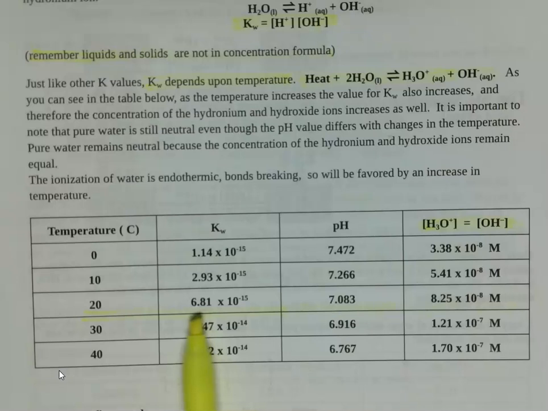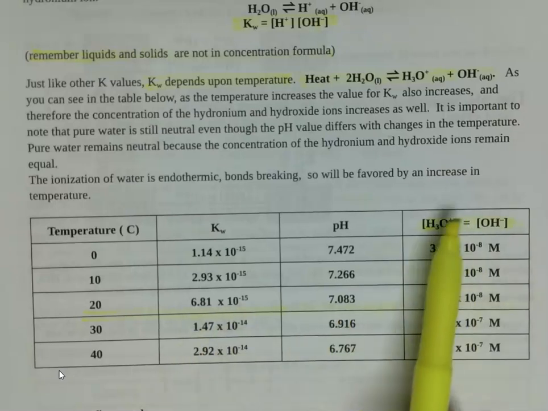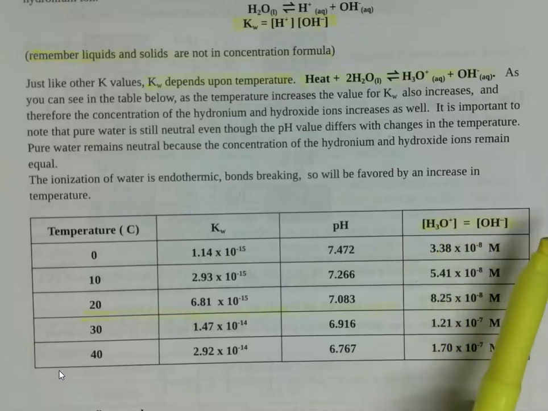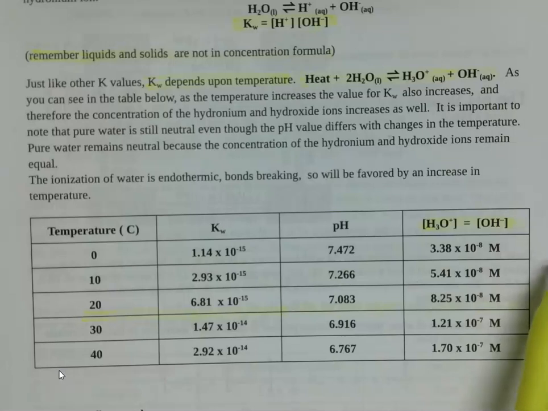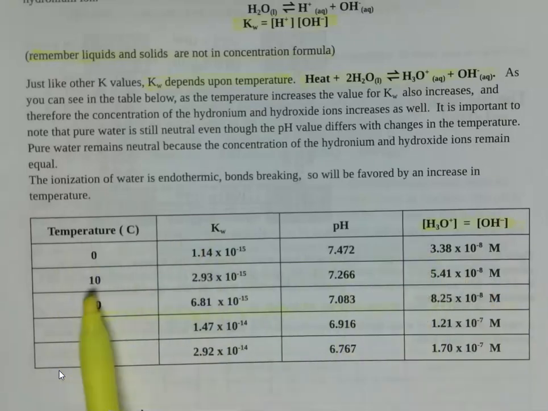So this would be your 1 times 10 to the negative 14, your pH of 7, since in this case 7 would be your pure water, those two are going to be equal. So even though temperature affects the pH, at neutral, that's what this is. I should have put that in here somewhere.